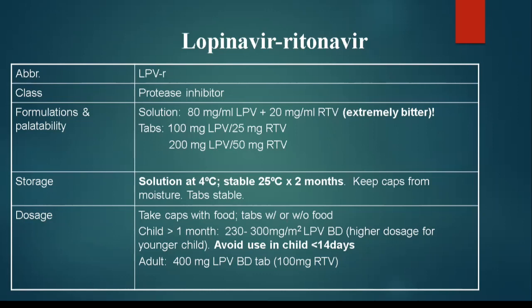Under the dosage, for children above 1 month, we give 230 to 300 milligrams BD, and that is the highest dose for younger children. It should be avoided in a child below 14 days.